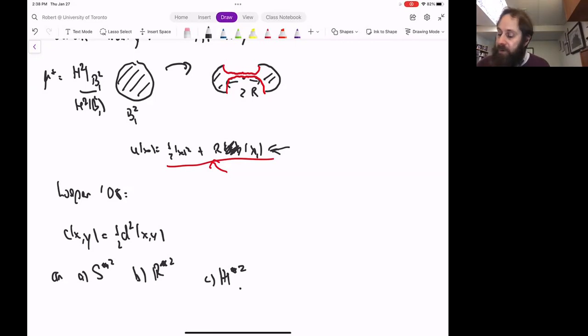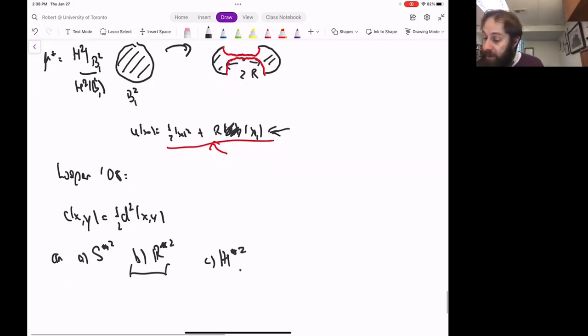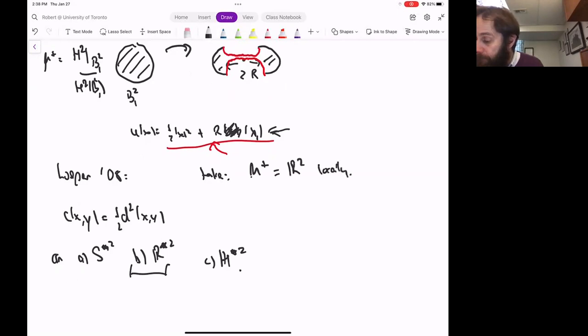And of course, the case we understand best is this one. And let's take M plus to be one of these manifolds locally. All of these manifolds are R2 locally, at least topologically. But think about the case for a minute where M minus consists of just 3 points.